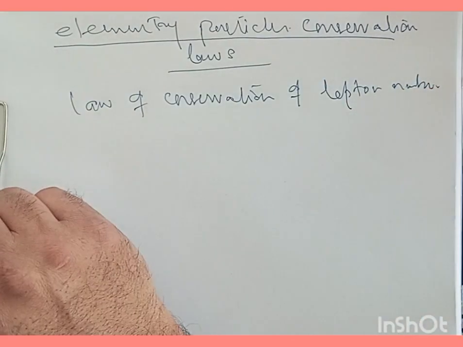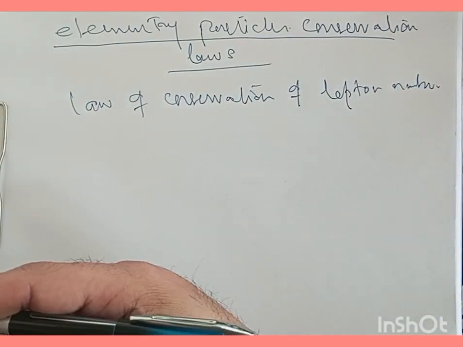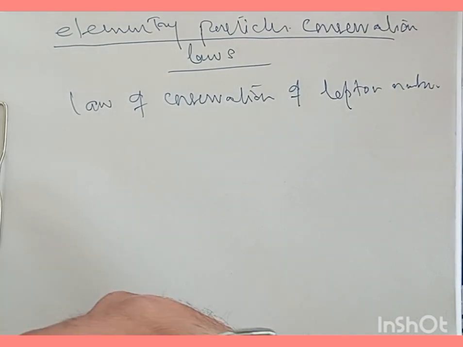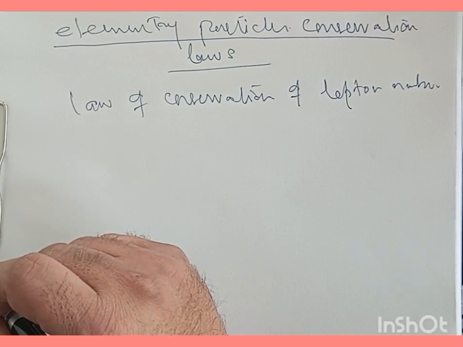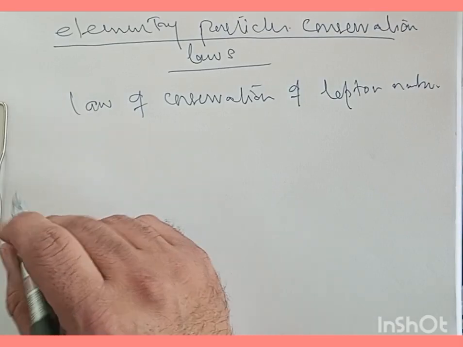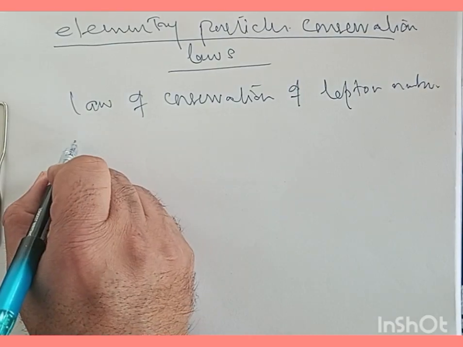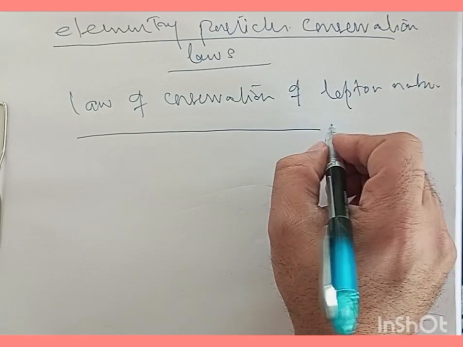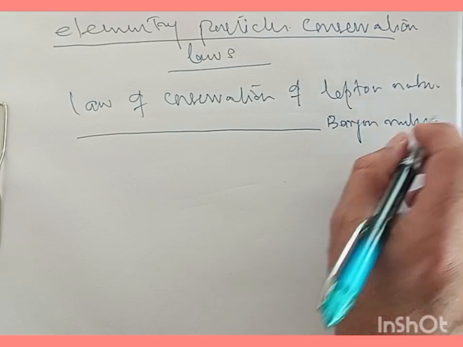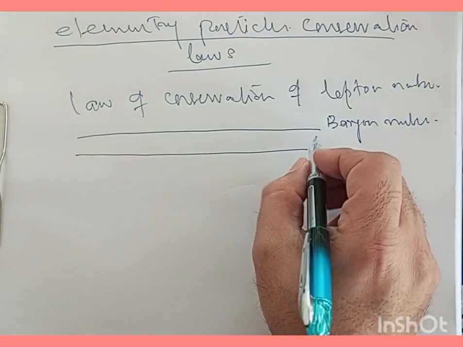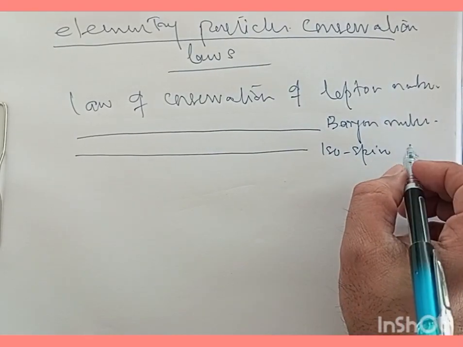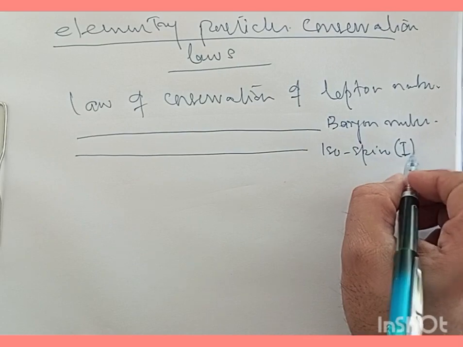So, in a reaction, in addition to the basic conservations of charge, energy, linear momentum, and angular momentum, in elementary particles the law of conservation of lepton number must hold, and the law of conservation of baryon number must hold, and the law of conservation of isospin that we have already discussed, symbolized as I, should hold.